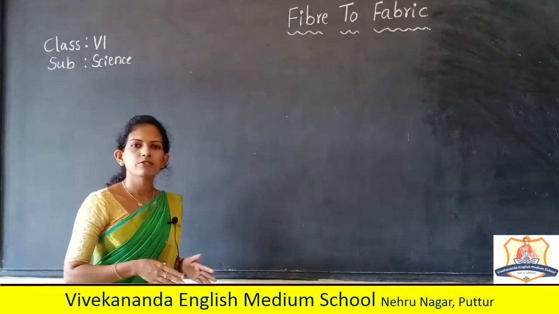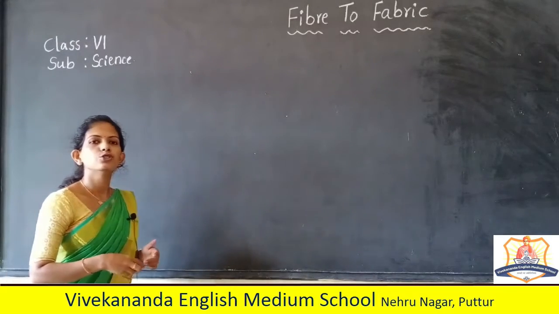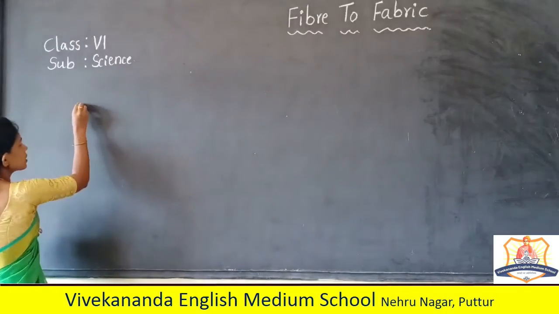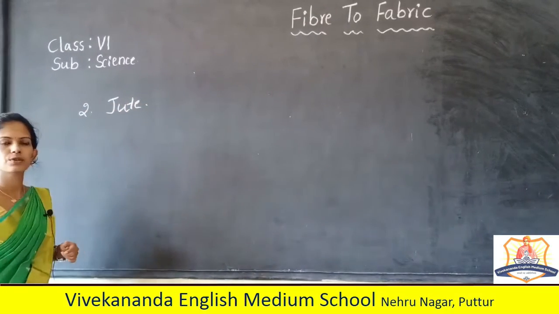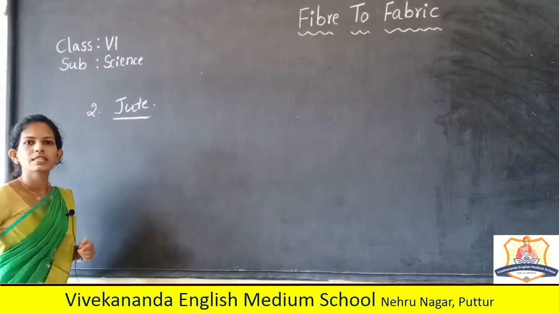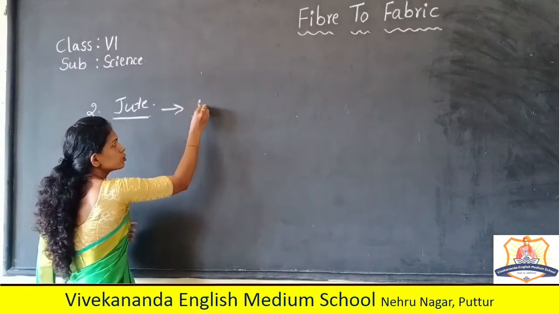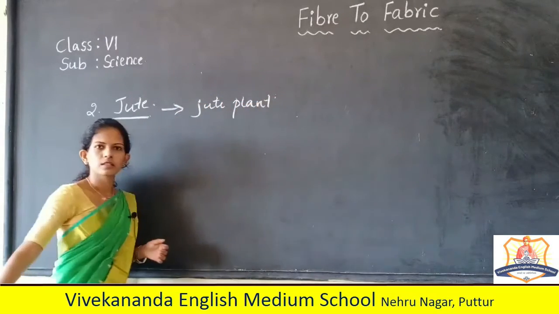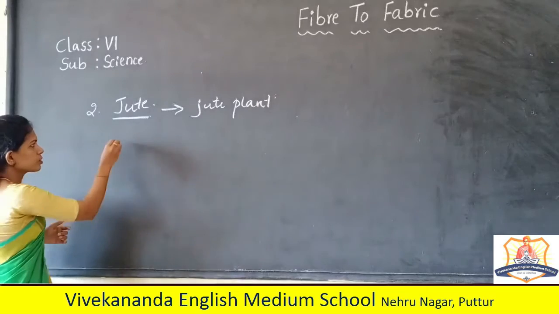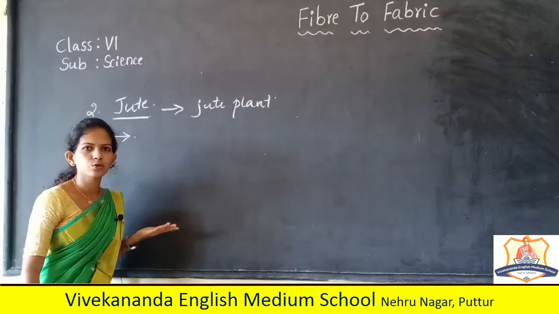The second plant fiber that we are going to discuss is jute. Jute is also a plant fiber that is obtained from the jute plant. So we'll see the cultivation of this jute plant.